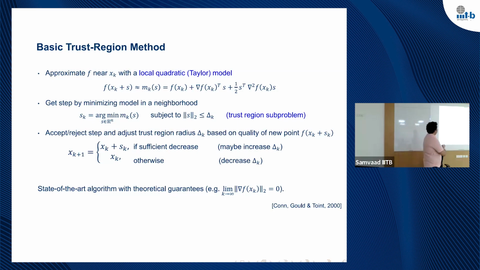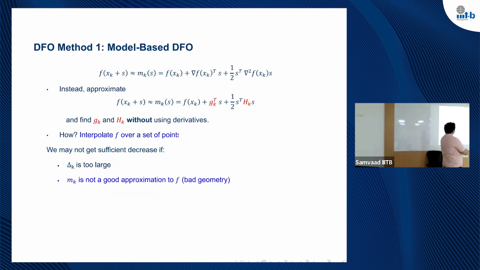In our case, we don't have the gradients or Hessians. We have black boxes. We don't have the gradients, be it hyperparameter optimization or anything for that matter. So we approximate these gradients and Hessians by GK and HK. We use interpolation to do that. By interpolation, I'm just saying, say you look at 3 points and you try to fit a quadratic to those 3 points.